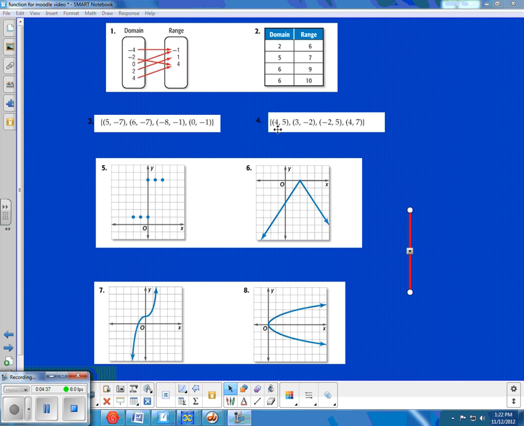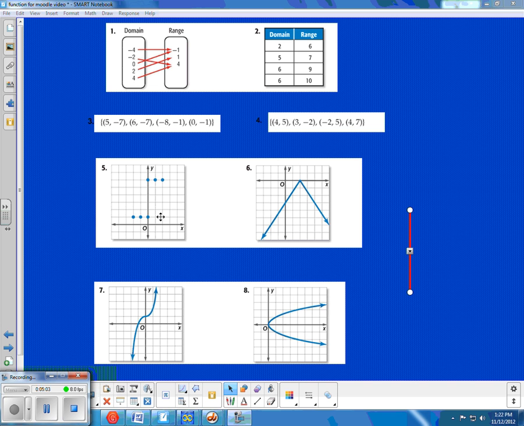We check number 4, the same. We're going to look at our data points and make sure our x values are unique. So we have a 4, a 3, a -2. Oh, we have a 4 again. This point with x value 4 matches with 5, but this point with x value 4 matches with 7. This can't occur in a function. So example number 4 cannot be a function.